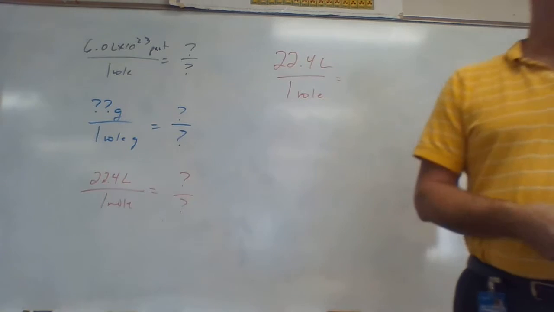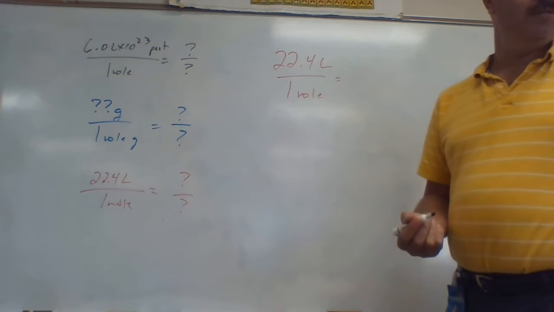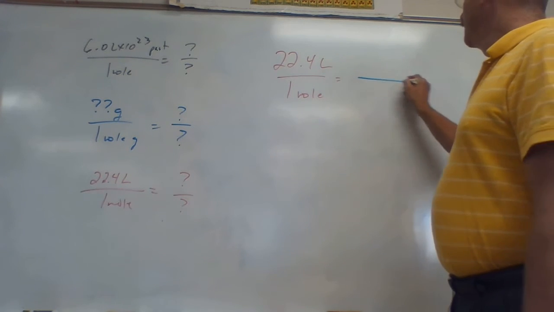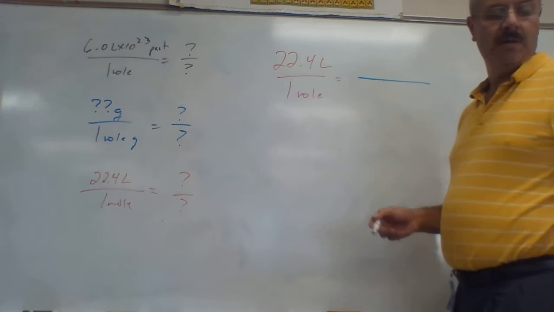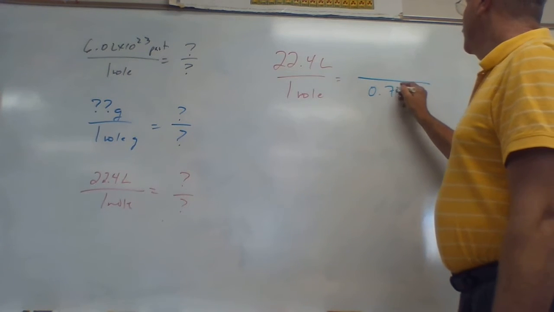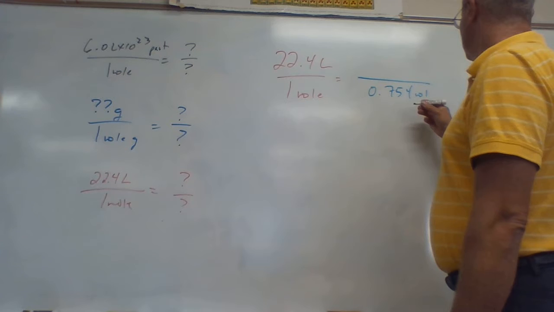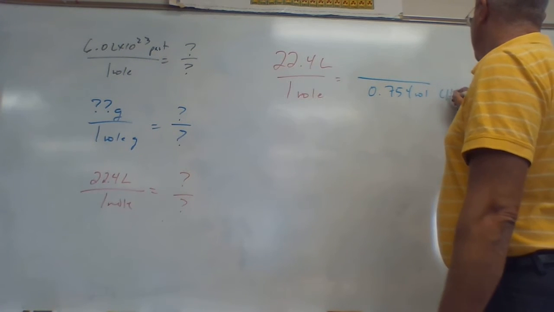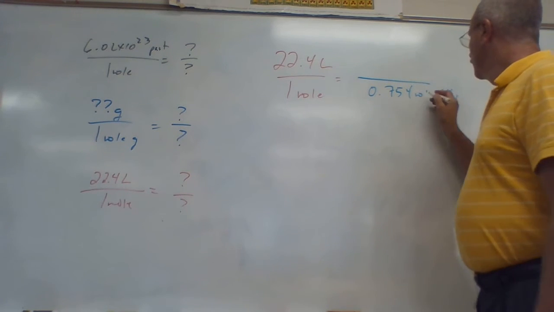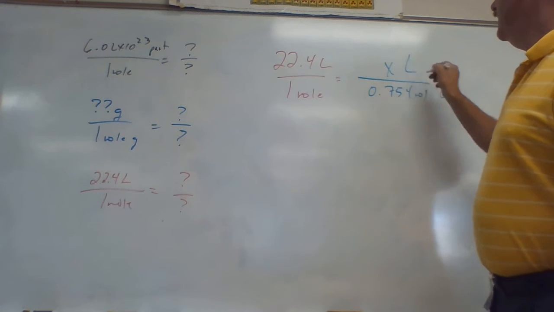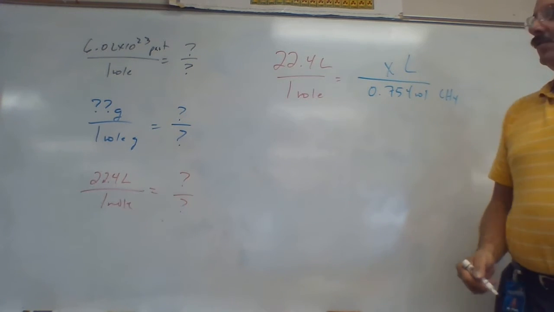Second problem, they gave us 0.754 moles of methane, CH4. So on the bottom we've got 0.754 moles of methane, and we're going to try and find out X liters of that. So cross multiply again.